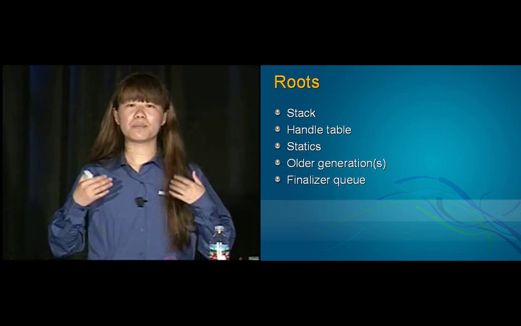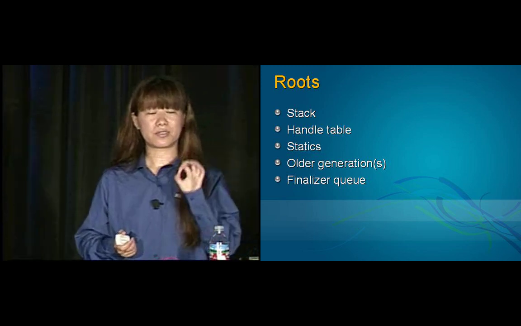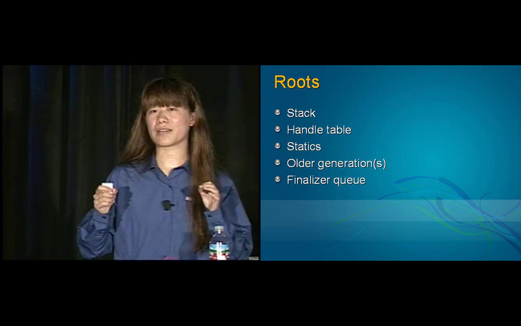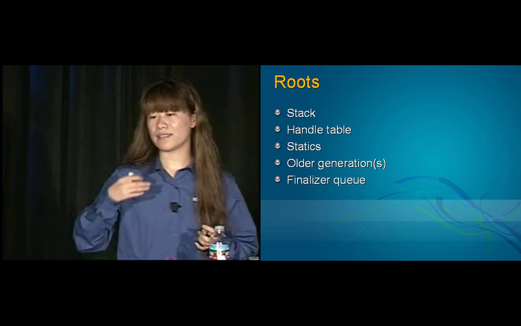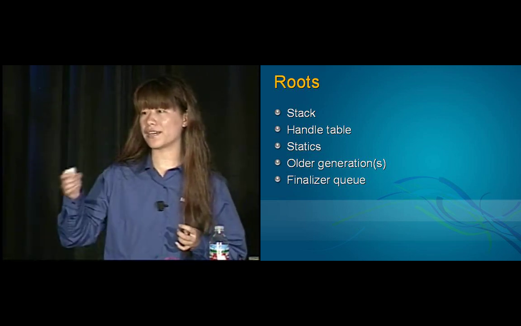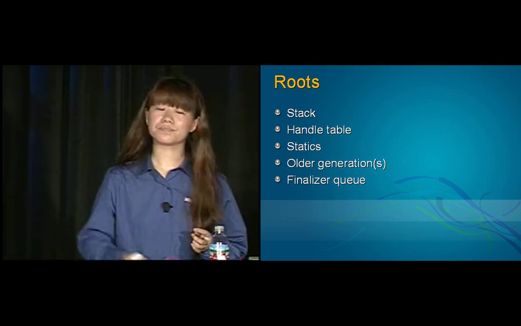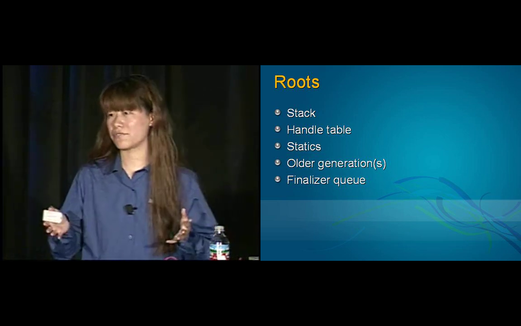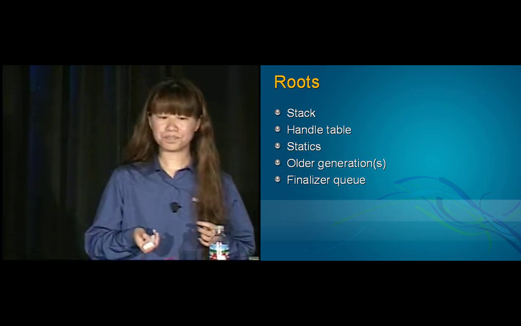When the managed threads are suspended, whatever is currently on the stack is considered live. Each managed frame implements a method that GC calls, telling the managed frame to go find all the live objects on your stack right now and mark them. Then the managed frame knows how to get to the next managed frame. That's how it finds all the live objects on the stack.